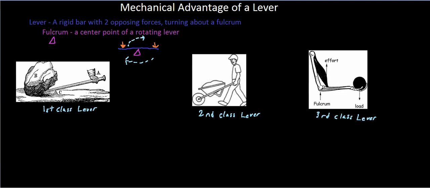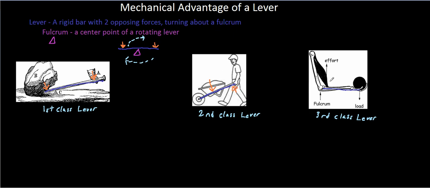Even though there are three different types of levers, they all basically follow the rules of a regular lever, which is a rigid bar. So let's draw that part. All three of them have a rigid bar, and all three have opposing forces trying to battle it out. We've got a downward force, a weight we're trying to lift up, with an opposing force fighting it.